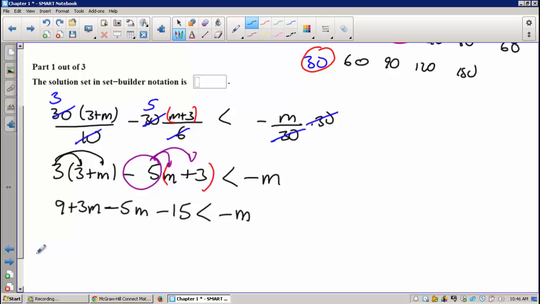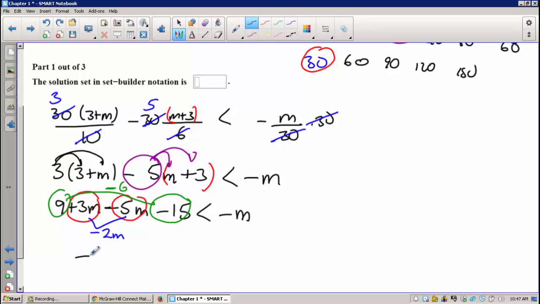Okay. Next, we will combine like terms and simplify the expression as much as we can. This is like these two, and they make, what do they make? Minus 2m. And these two make minus 15 plus 9, minus 6.